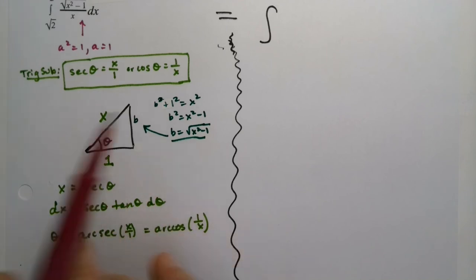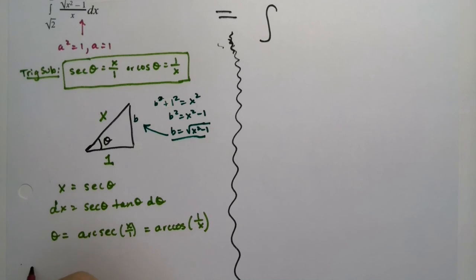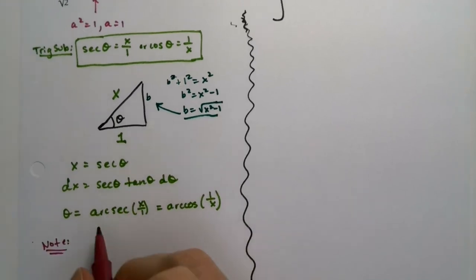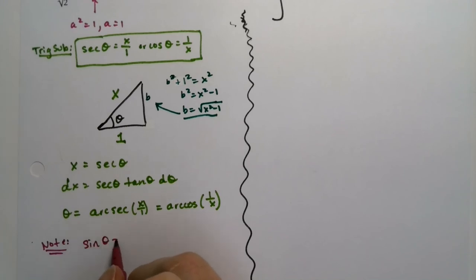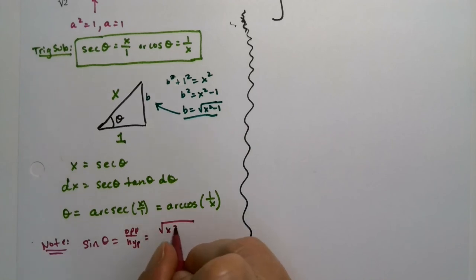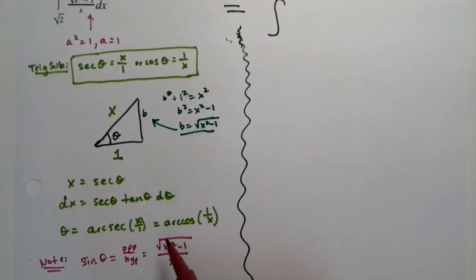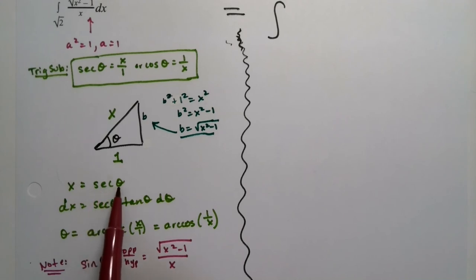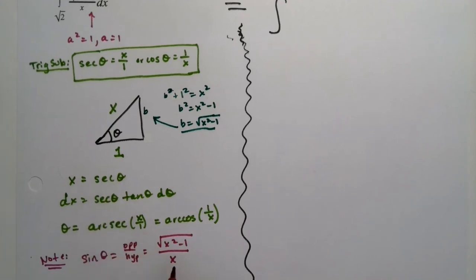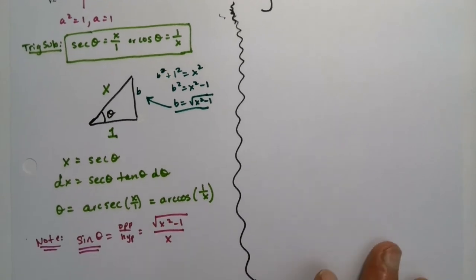Can you see it? So then we'll make a note. If we look at our triangle, the sine of theta is the opposite over hypotenuse, which is the square root of x squared minus 1 over x. So we can just use that. I grant you, if you wanted to use the secant squared theta minus 1, it'll work. You'll get the same place, but it'd just be so much more work than just plugging in sine of theta.